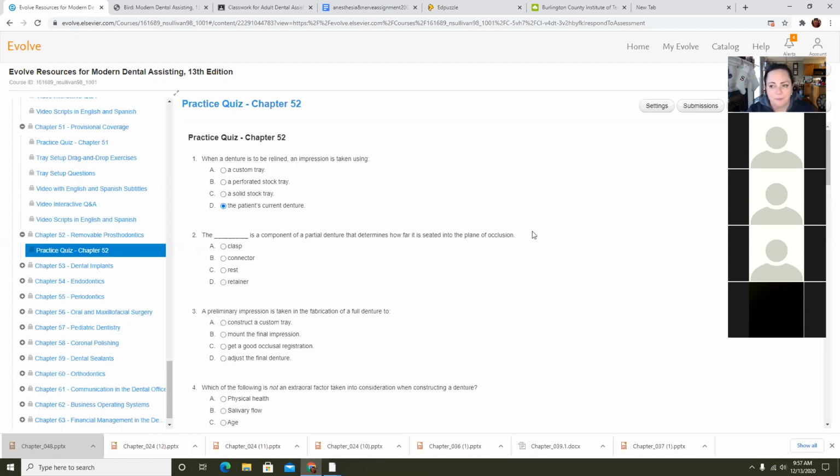Okay, so a partial denture, how is it held in? It's anchored by other teeth. It's anchored by the existing teeth. Okay, so the problem with anchoring it by the existing teeth is we need to have something to stop it from seating all the way. So we have clasps that go on it, right?